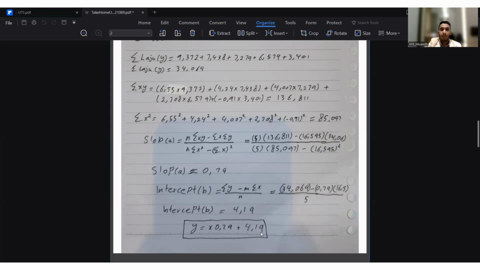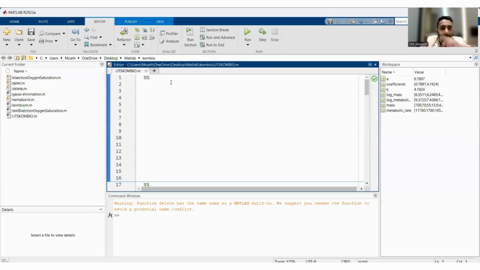So going to MATLAB to create the code for this problem. To start, we have to define the mass.